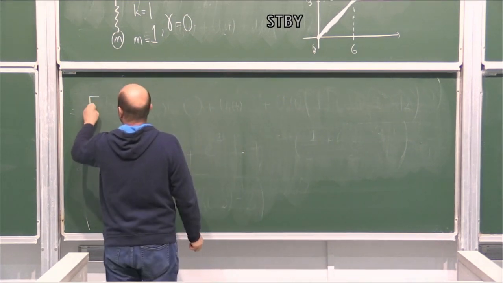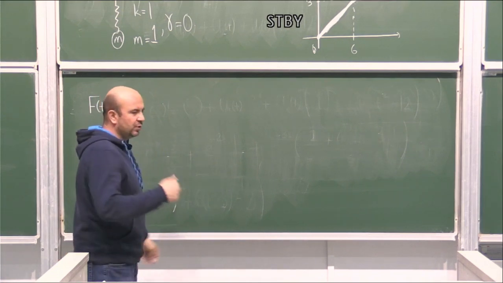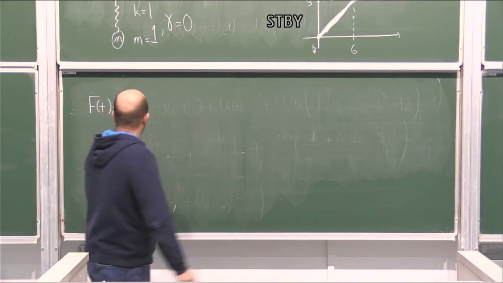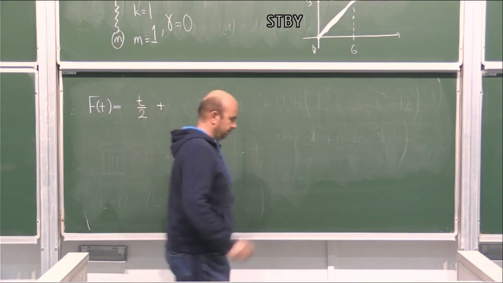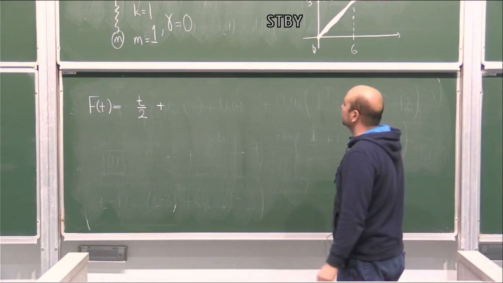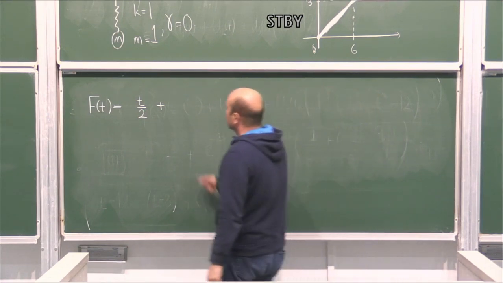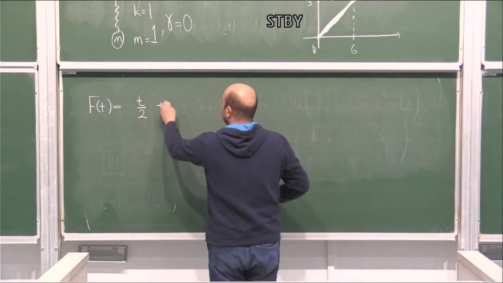So now, what is the thing? Initially it was t over 2, but then a change happens when the time is 6. What is that change? It becomes constant, 3.